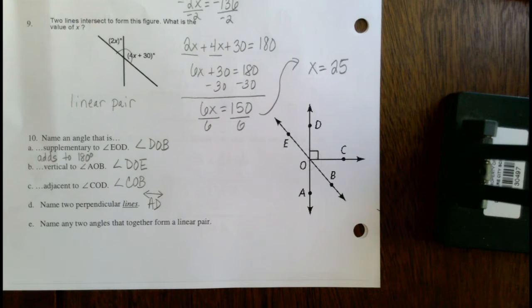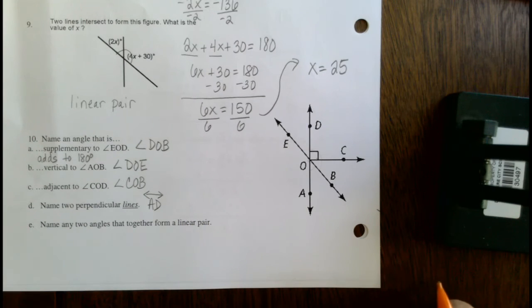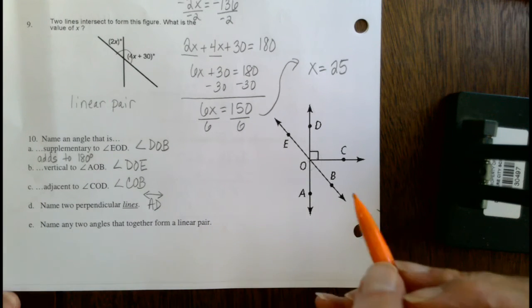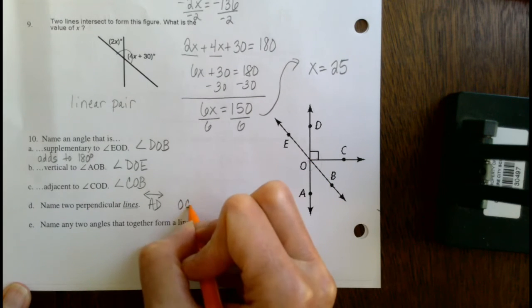And if you forget the symbol, by the way, write line out and then you're good. Line AD is perpendicular, and it's not going to be a line here, but we can say ray OC.